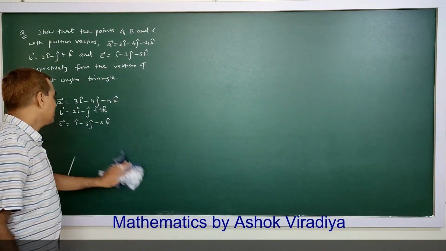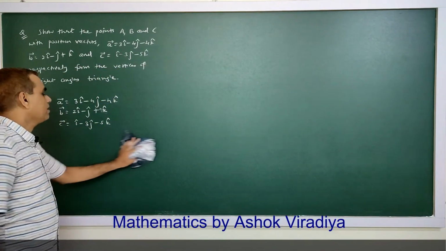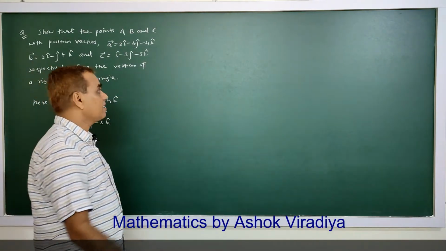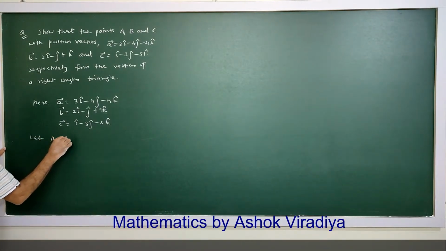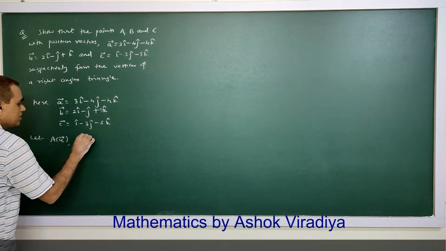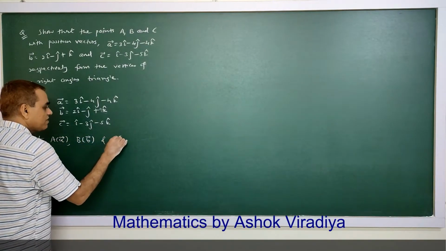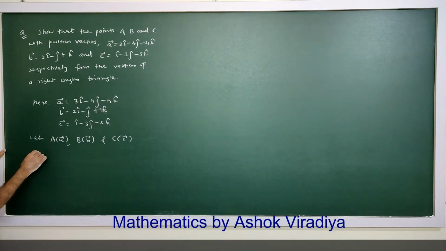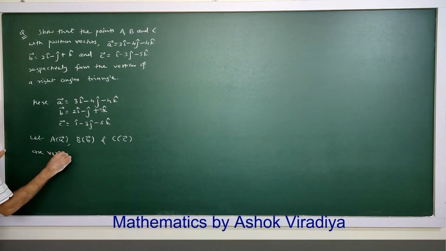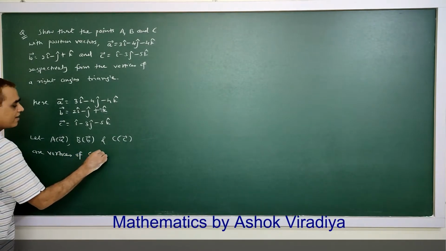We want to prove that this triangle is a right angle triangle. So we are not drawing a diagram. Let A be A bar, the position vector of B is B bar, and the position vector of C is C bar, the vertices of a triangle.